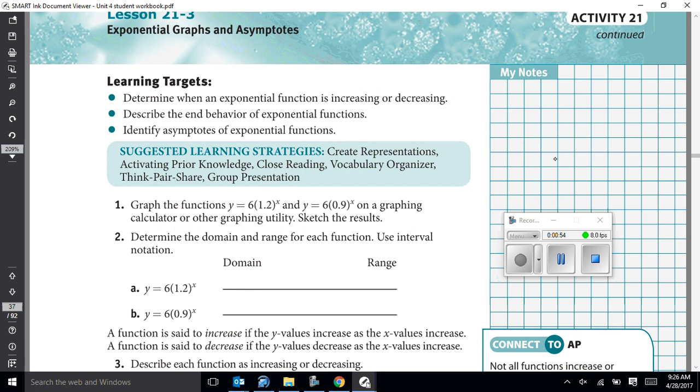If I'm increasing, I'm going up and to the right. And if it's decreasing, then it's down to the right.